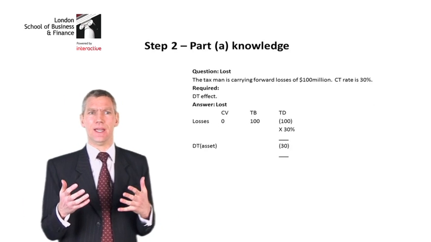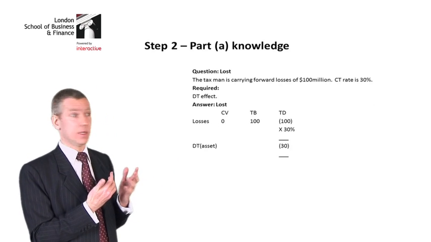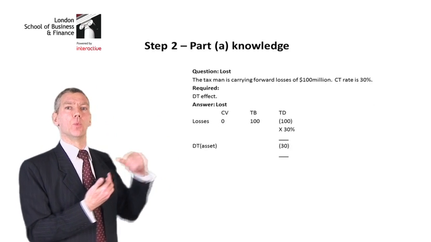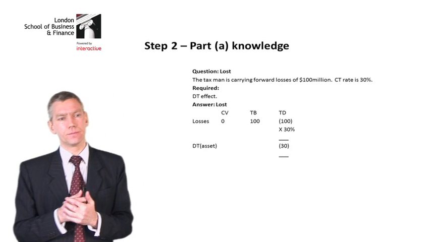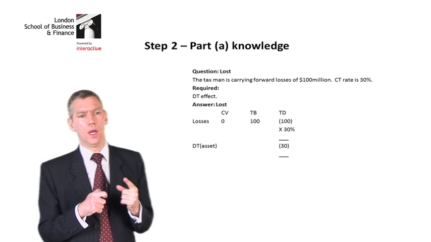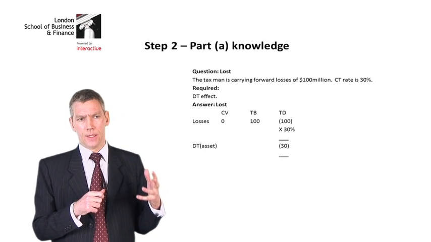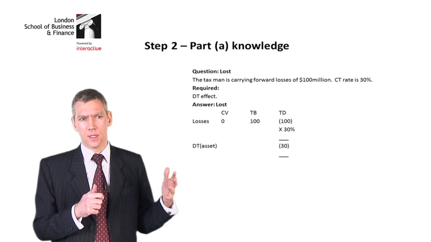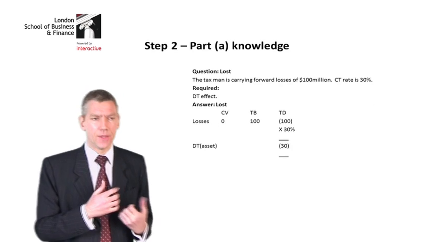What you do is you pretend that the loss, which is actually 100 million, is 0 million. But what you get to do with that 100 million is carry it forward. Now here comes the tricky bit. You do carry forward losses, and it sounds like a bad thing, doesn't it?